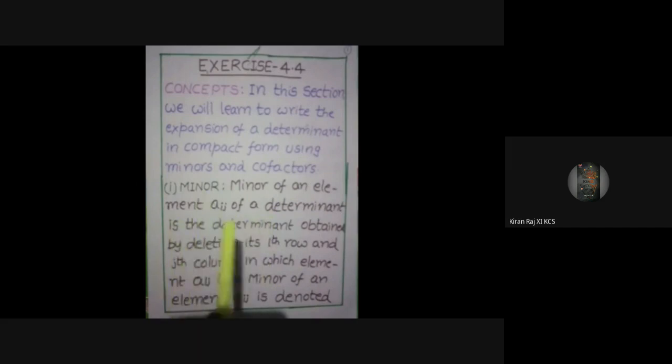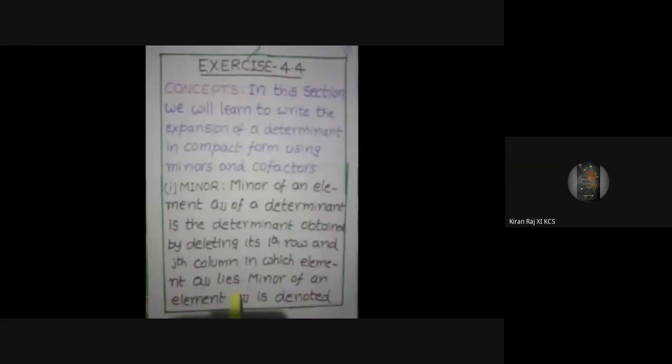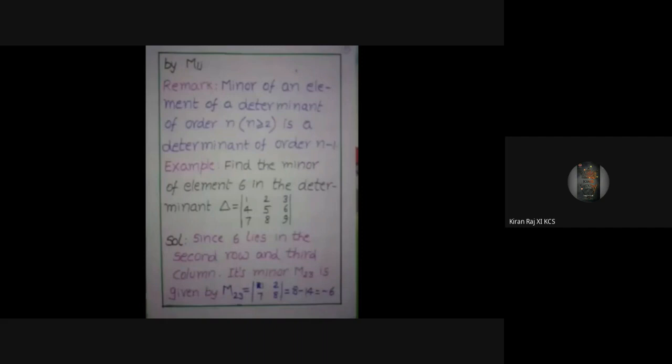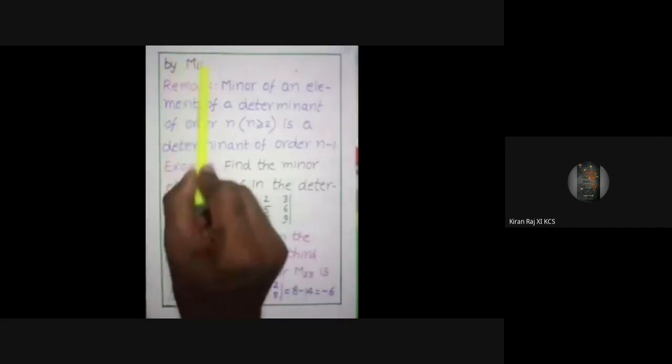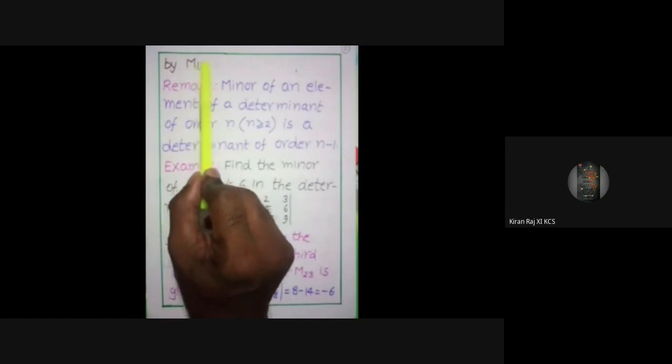Then we get a 2 by 2 matrix or only a 1 by 1 matrix. That determinant is said to be the minor of the element Aij. Minor of an element Aij is denoted by Mij. Okay, my children, this is a notation to denote the minor of an element Aij. Mij is the minor of the element Aij.